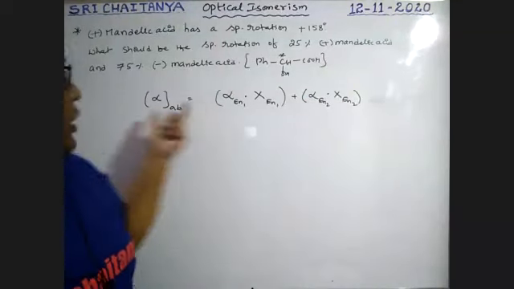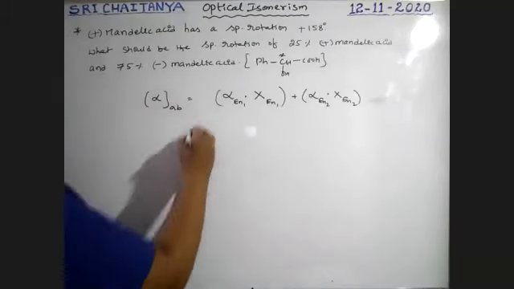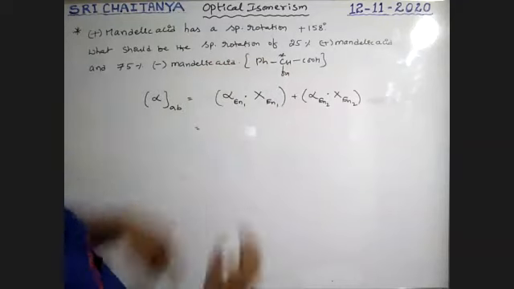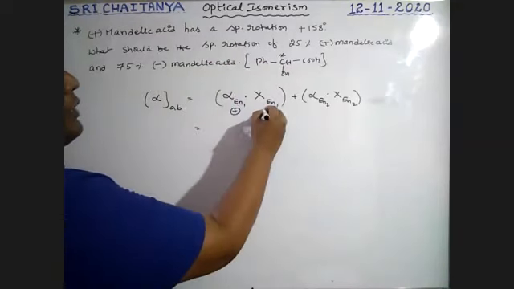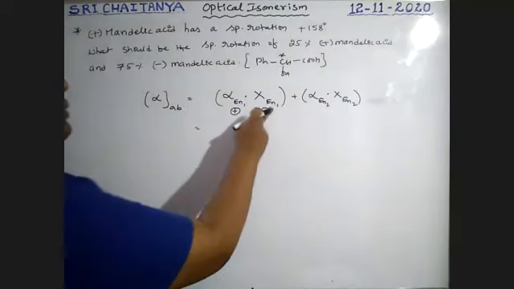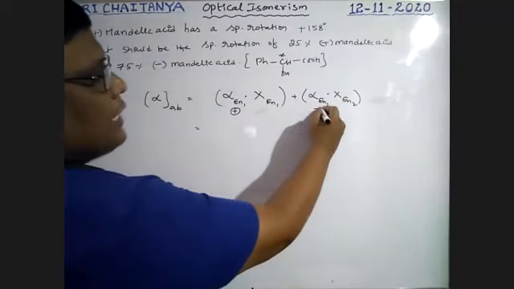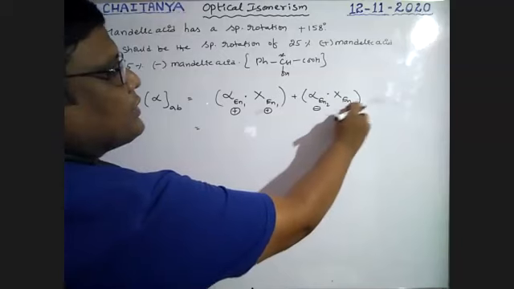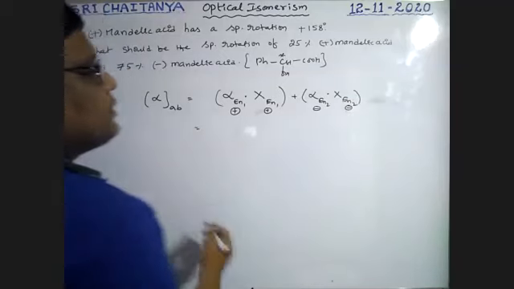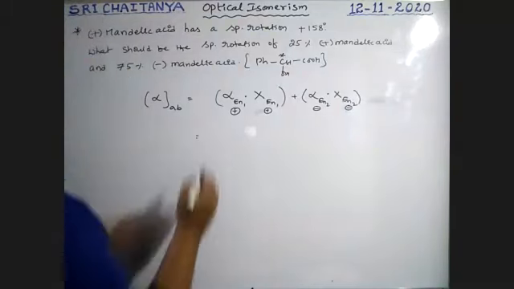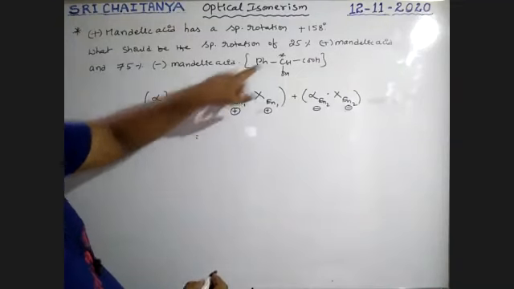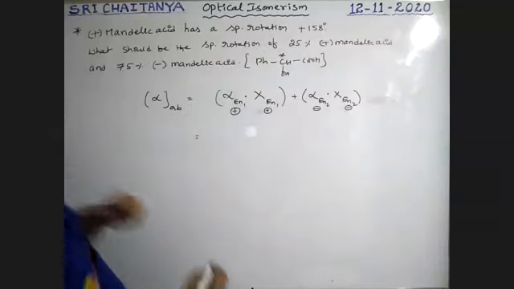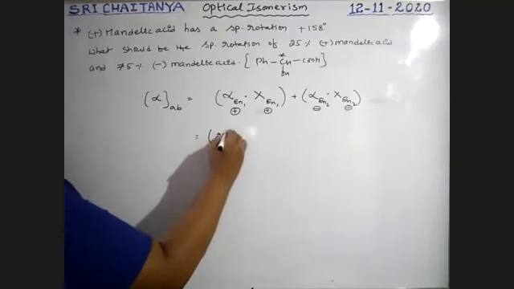The summation gives the total observed rotation. I'm taking the first as the plus enantiomer and the second as the minus enantiomer. See here, the plus mandelic acid specific rotation, with 25%, so 25.